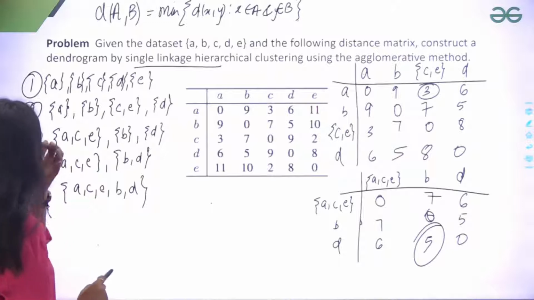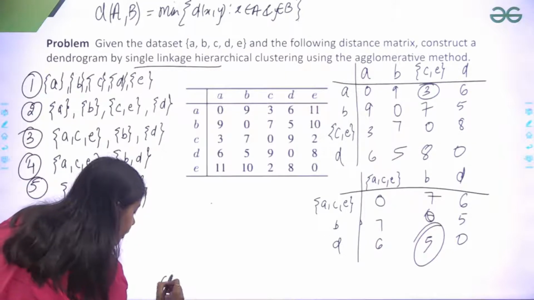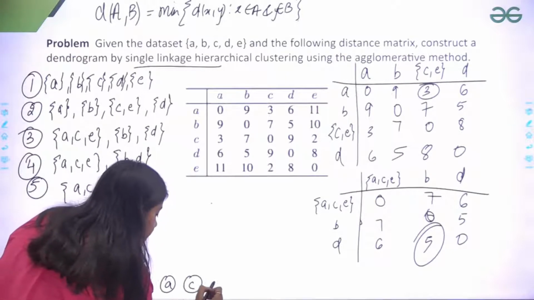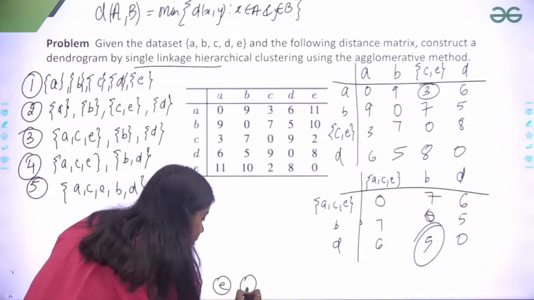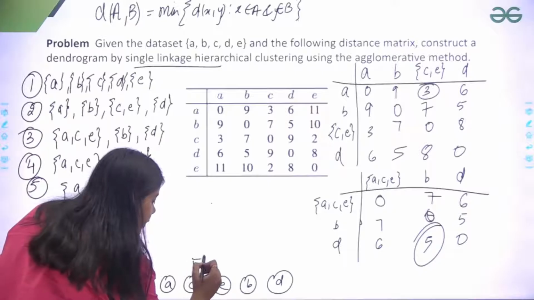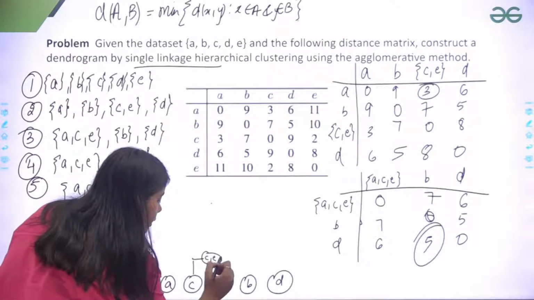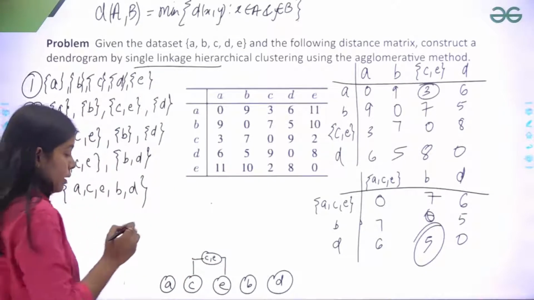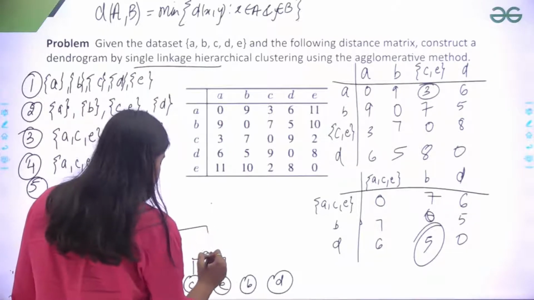Let's draw ACE together, because I know that they are going A, C, E, and this is B, and this is D. So first C and E get combined. So I'll get C comma E, one cluster, and then ACE gets combined.